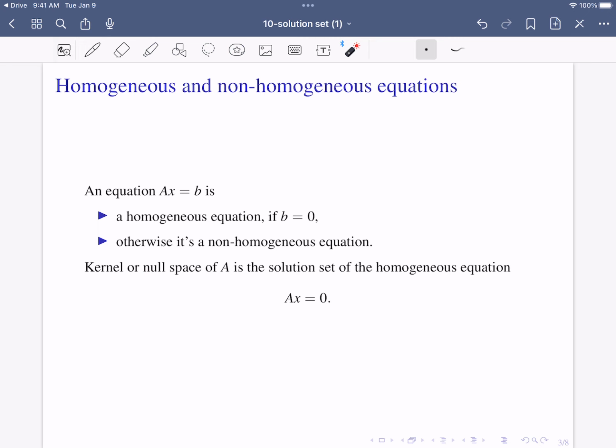In some different places they use kernel, but in our textbook we use null space. Given a matrix A, we can always talk about its kernel. The kernel is the solution set, or the collection of all the solutions satisfying the homogeneous equation Ax equals 0.